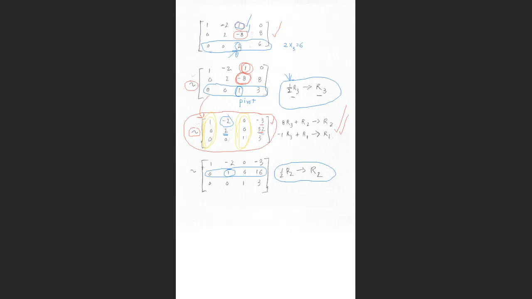Are we okay? All right, very good. All right, there's the final row operation. And now the system is what's called reduced, it's in reduced echelon form. Reduced echelon form.